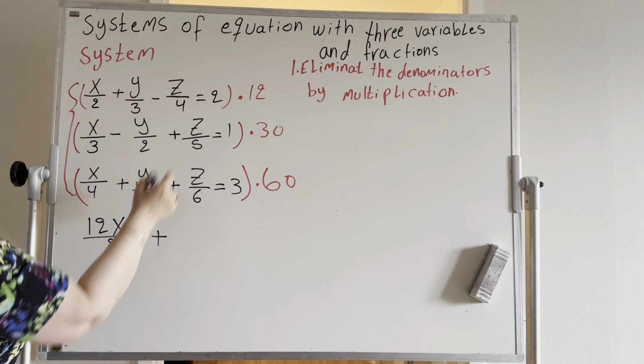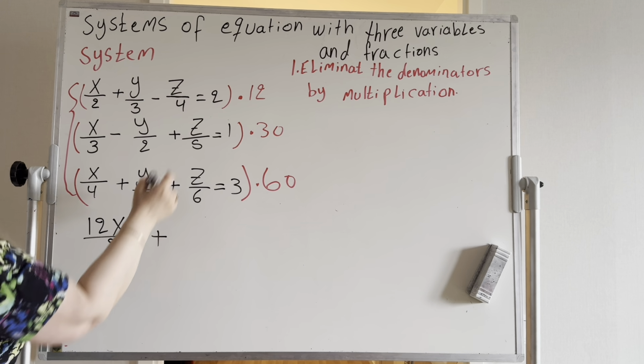So I will multiply 12 with every term in the first equation. Then I will shorten 12 with 2, which gives 6 here, the first term, with 3, 12 divided by 3 gives 4 here, and 12 divided by 4 gives 3 here.